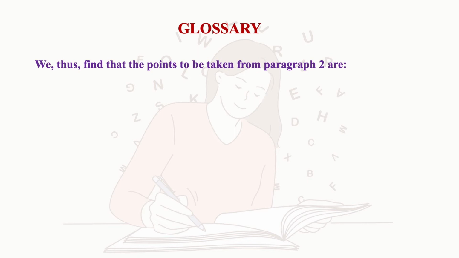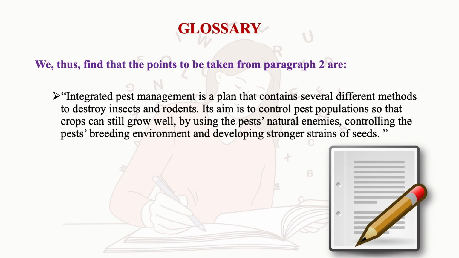Here you will find integrated pest management and pests have been underlined. Integrated pest management, which had been underlined, has already been mentioned in full in the sentence we have retained from paragraph 1. The same sentence also states its short form IPM in brackets.